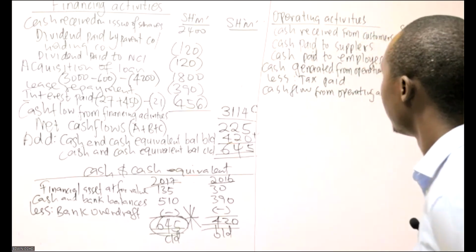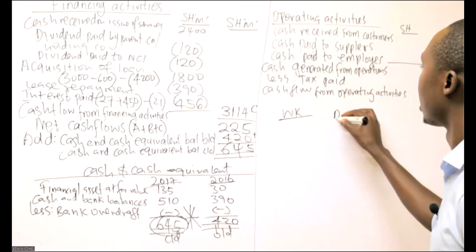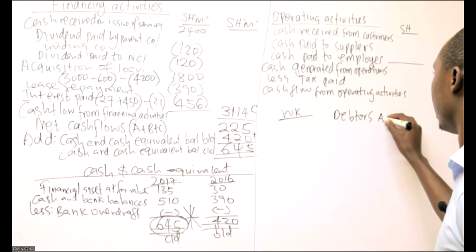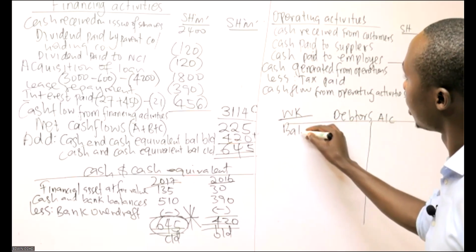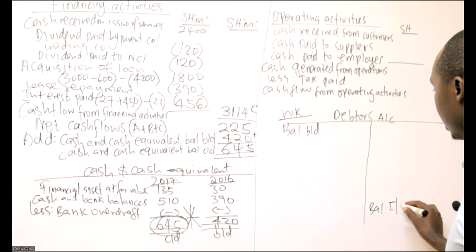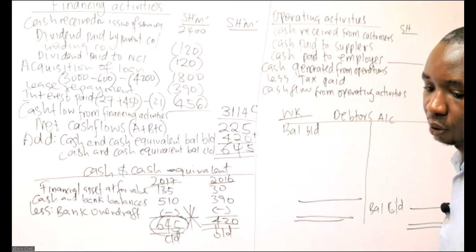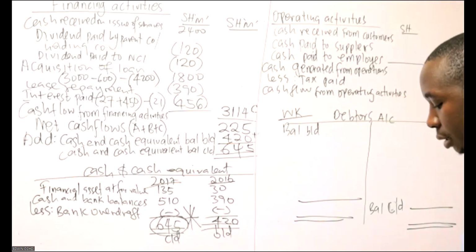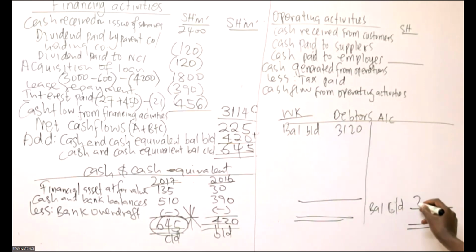So for the first one, cash received from customers, working number one, we do the debtors account. Balance brought down 2016, balance carried down 2017. So 2016, but debtors, you go to the current asset, we have at 120 for 2017.